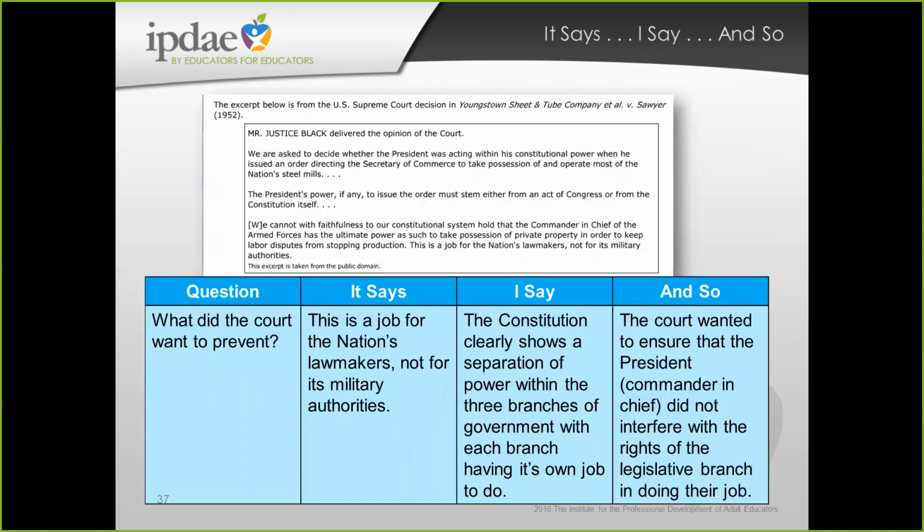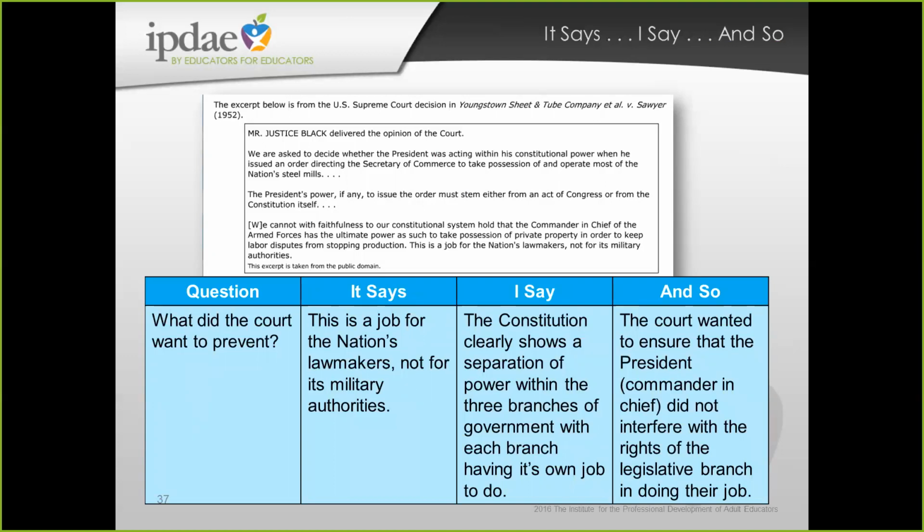But this comes back to that question we saw before that Susan talked about in social studies. If the question is, what did the court want to prevent? It says in that text that this is a job for the nation's lawmakers, not for its military authorities. Now, I know that the Constitution shows that separation of power within the three branches of government, and I know, or I say, that each branch has its own job to do.